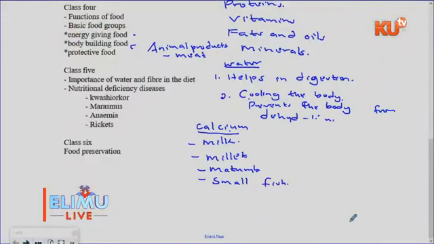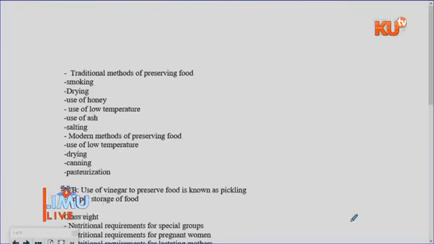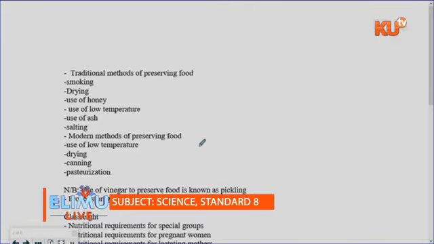In Standard 6, under Food and Nutrition, we learned about food preservation. Under food preservation, we grouped it into two parts. We have traditional methods of preserving food, and then we have modern methods of preserving food. Under traditional methods of preserving food, we have 1, smoking.